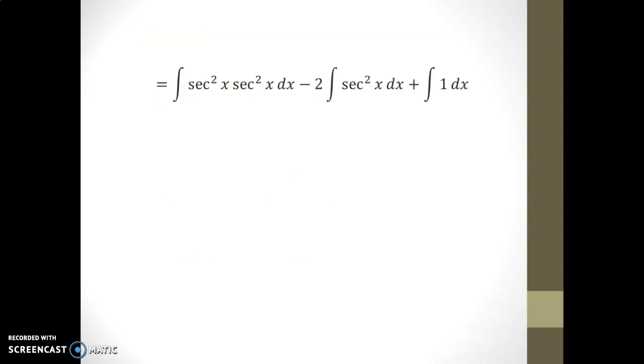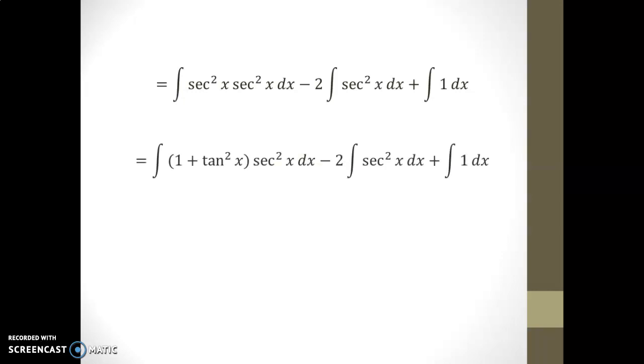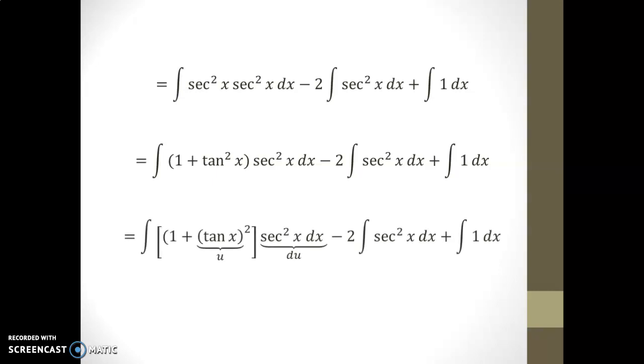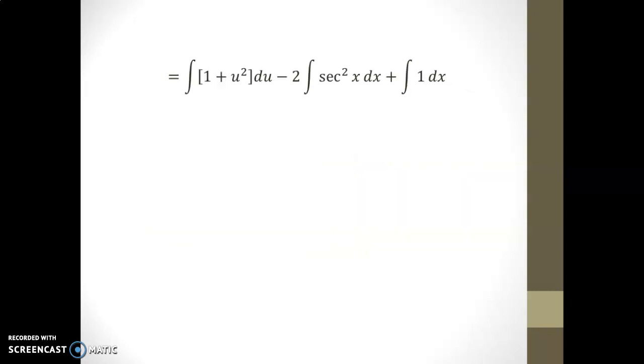In the first integral, our strategy was to pull out a secant square x dx along with the dx to use a trig identity that replaces secant square x by 1 plus tan square x, and then recognize that the derivative of tan of x is secant square x, and therefore proceed with a substitution. The end result is a power rule that can be applied to the first integral and basic integrals to the second and third.